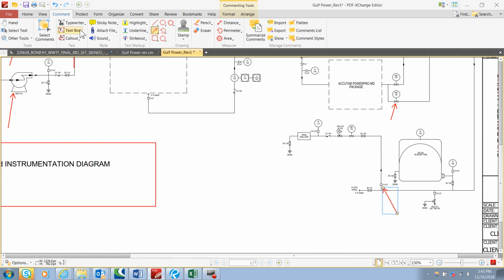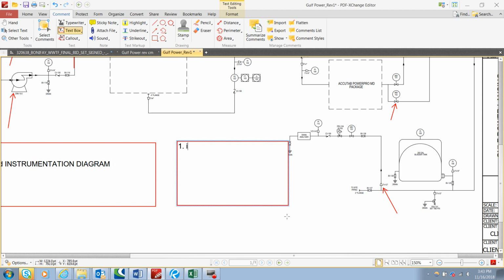Also, let's discuss a couple of things here. It's not scaled. This is a diagrammatic display.